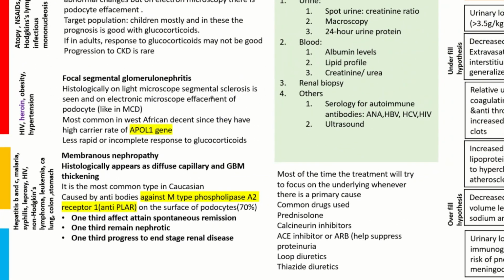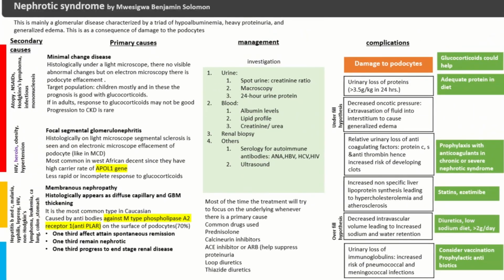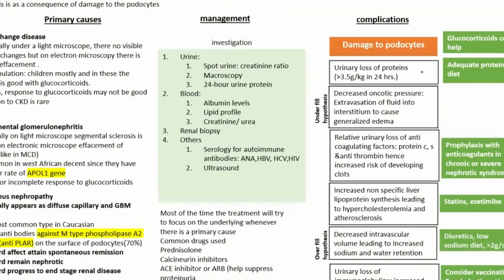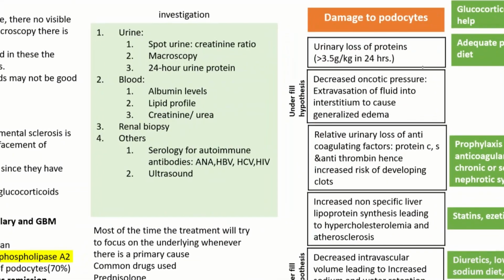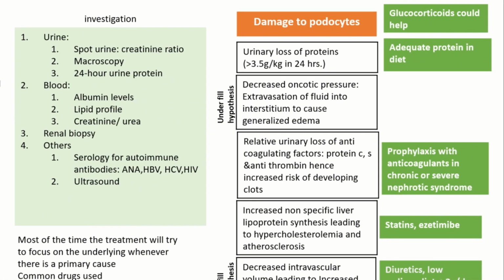An important point about membranous nephropathy is the rule of thirds: a third of affected people attain spontaneous remission, a third remain nephrotic, and a third may progress to end-stage renal disease.